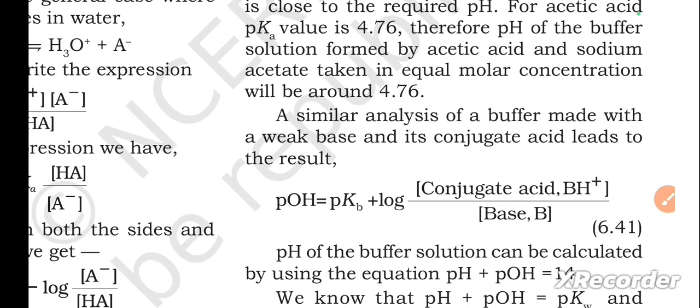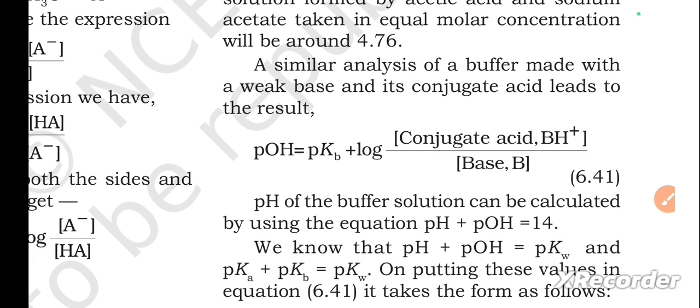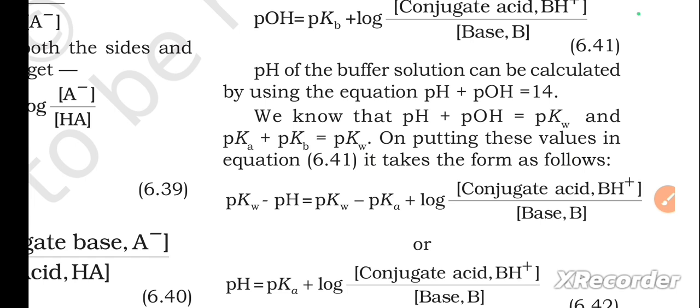A similar analysis of a buffer made with a weak base and its conjugate acid leads to the result pOH = pKb + log [conjugate acid BH+]/[base B]. This is equation 6.41. The pH of the buffer solution can be calculated by using the equation pH + pOH = 14.